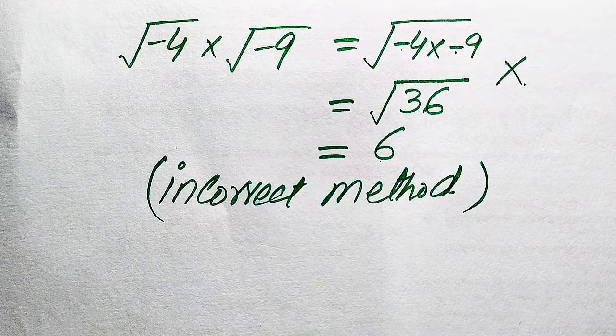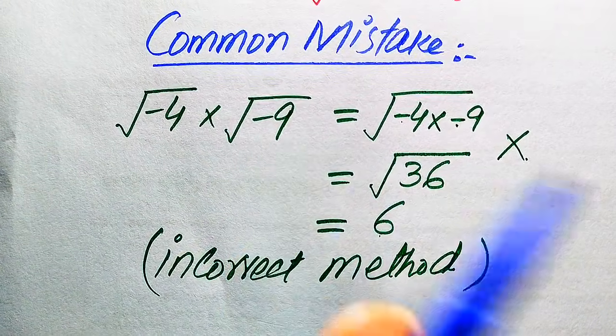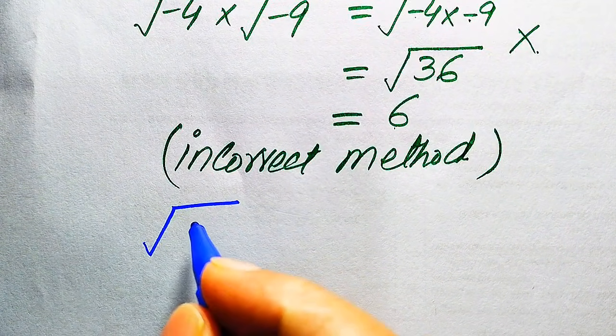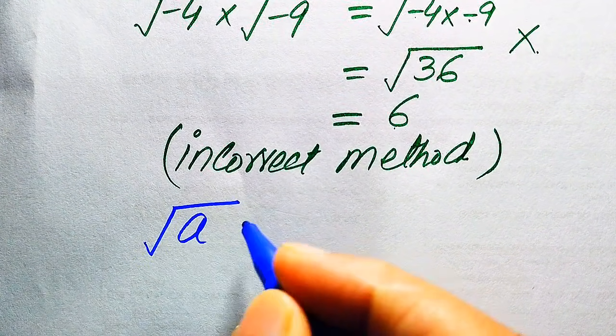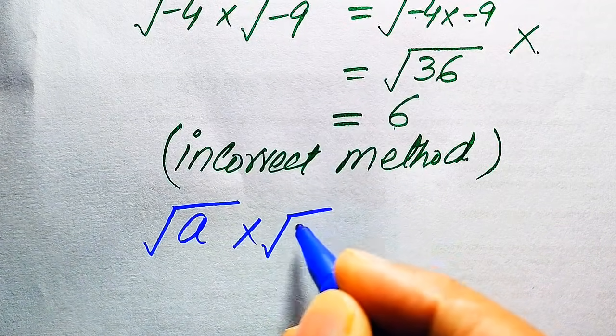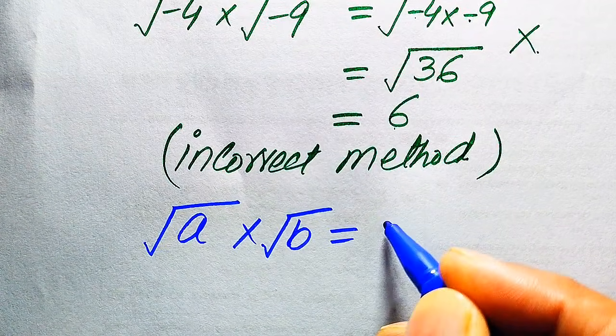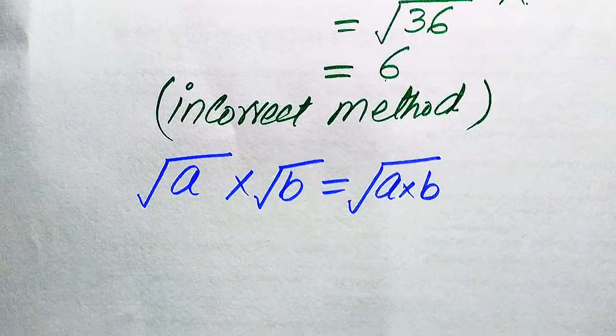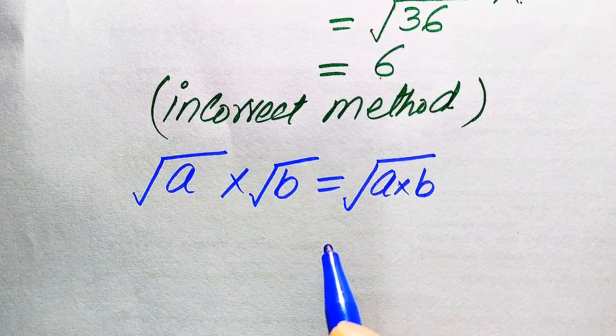The reason is that in this method, students use the product rule of square root. If you have square root of a multiplied by square root of b, it is equal to square root of a multiplied by b. This is the product rule of radicals.